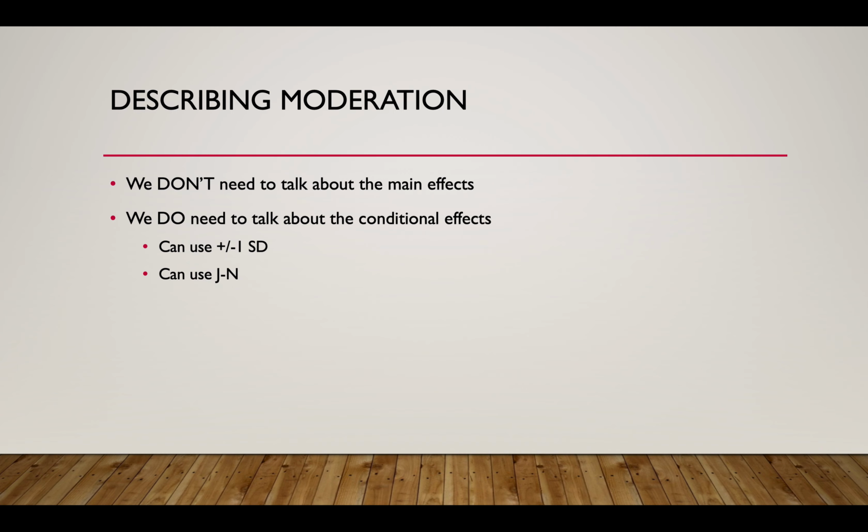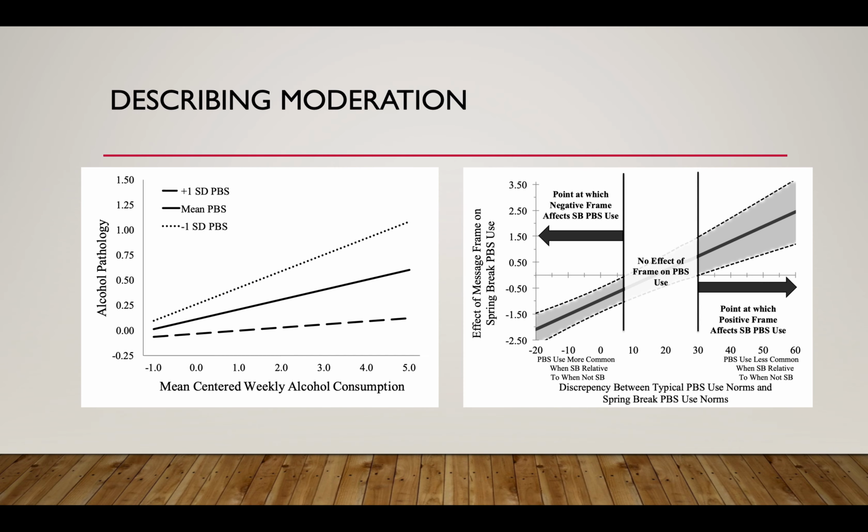The other way that we say it is the simple effect of x is whatever when m is at one standard deviation above its mean, and the simple effect of x is this other value when m is at one standard deviation below its mean. And you know that I prefer to use the plus or minus one standard deviation, but I'm also a huge fan of figures, and the Johnson-Neyman figure just looks cooler.